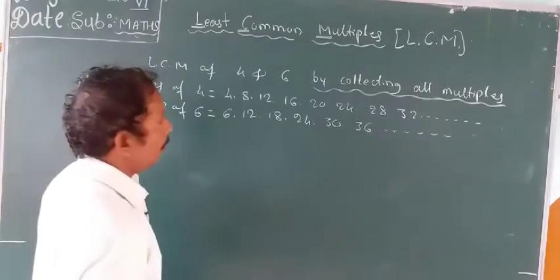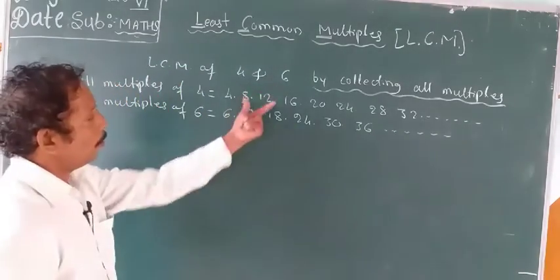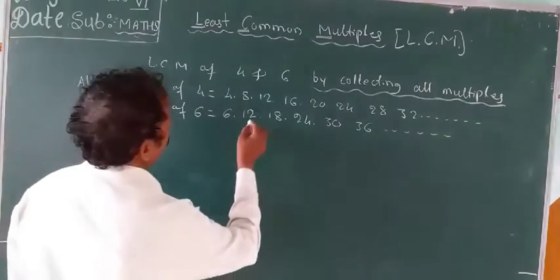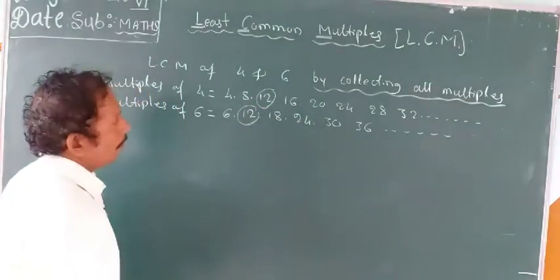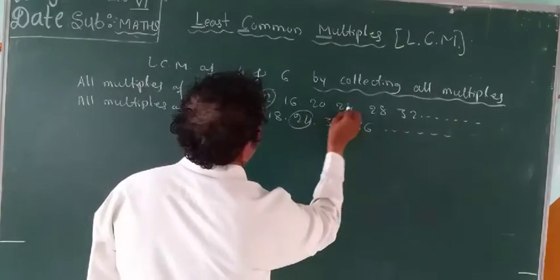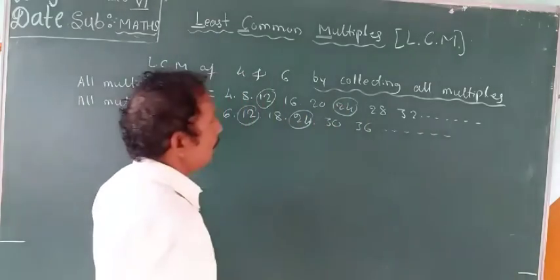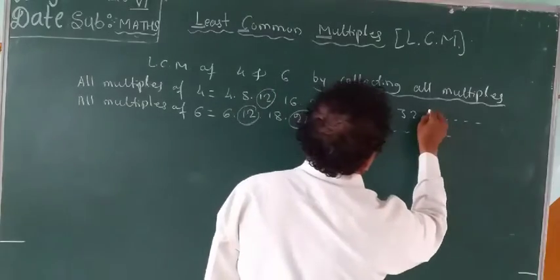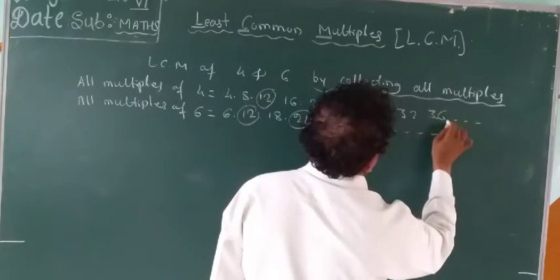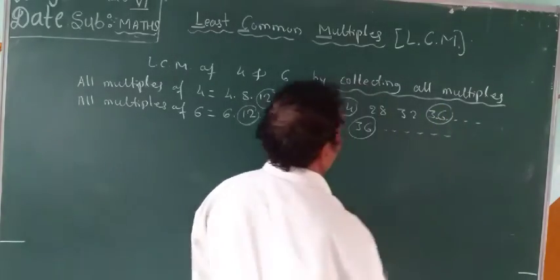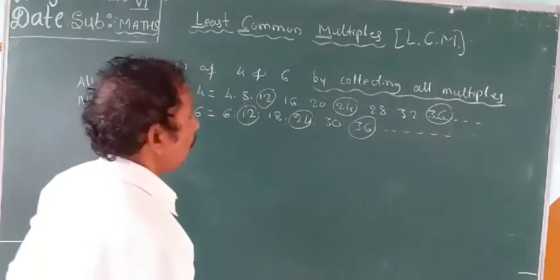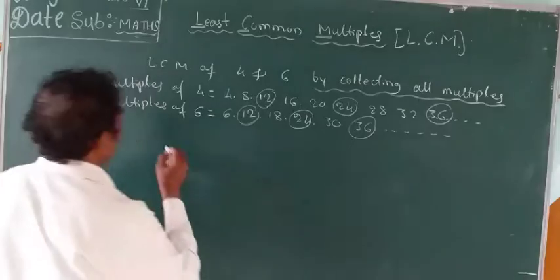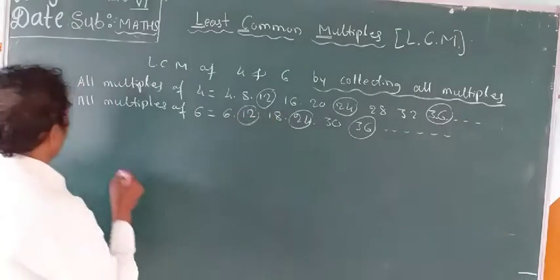Now encircle the numbers which are common in both the multiples. 12 is common, then 24 is common, then 36 is common. Similarly, we get a number of common multiples.